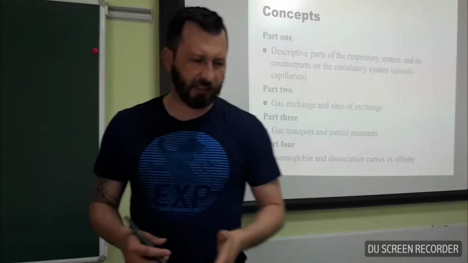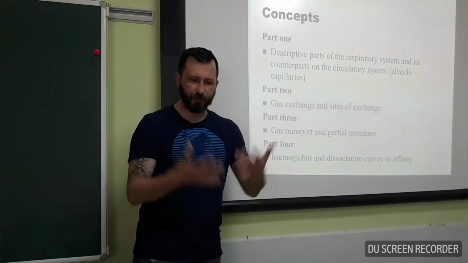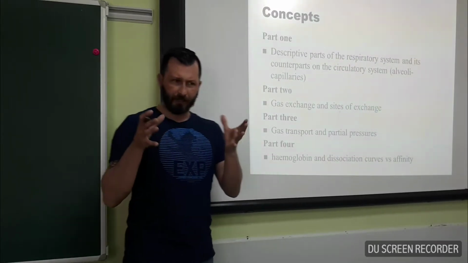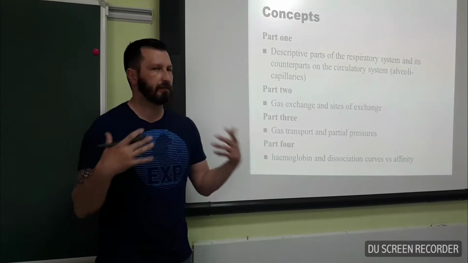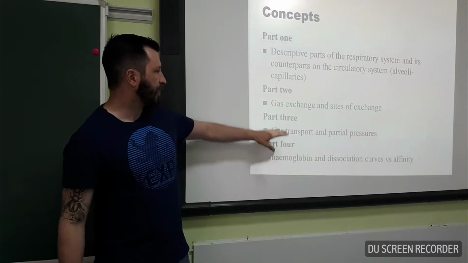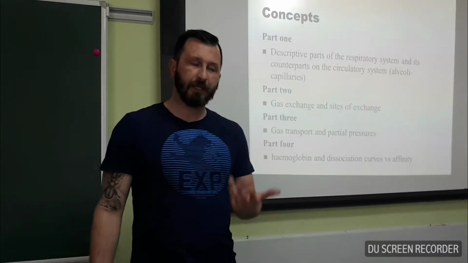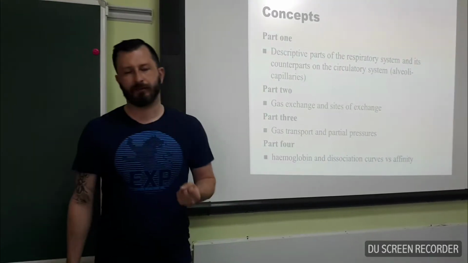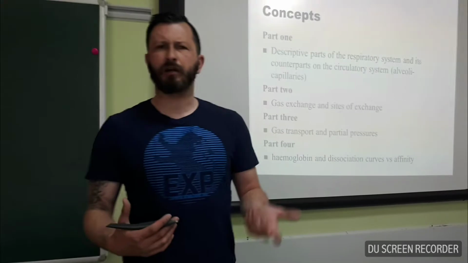This lesson, as you can see, is a little bit extensive, but we can work with our students by asking them in advance to read about the lesson, and this is going to work marvels. Part 3, gas transport and partial pressure. This is the physics applied to our lesson. Actually, physics and mathematics, a part of chemistry.